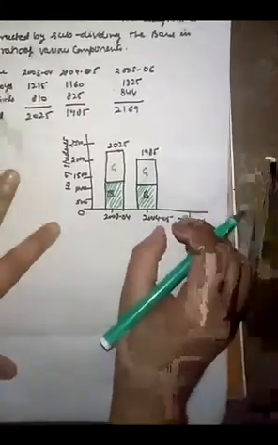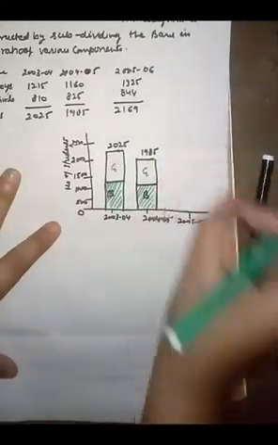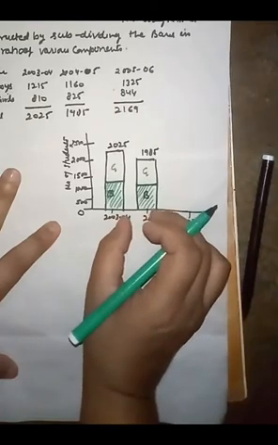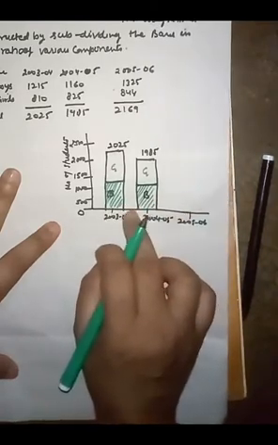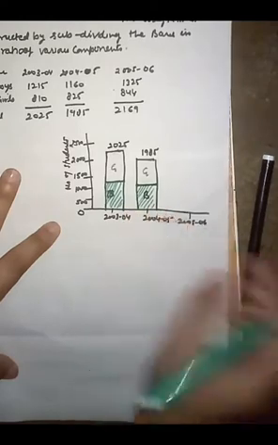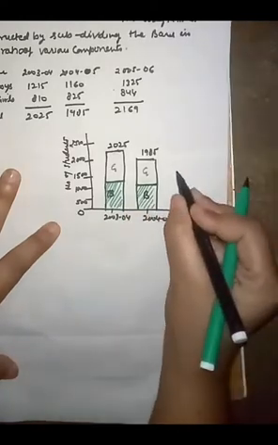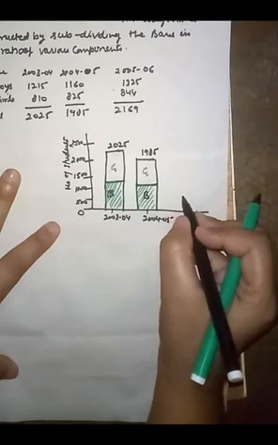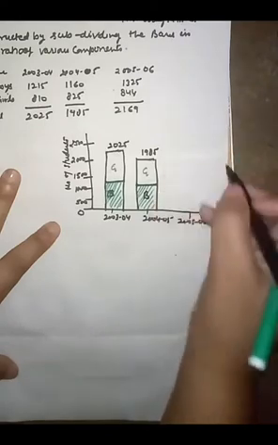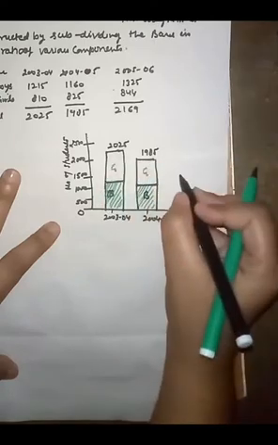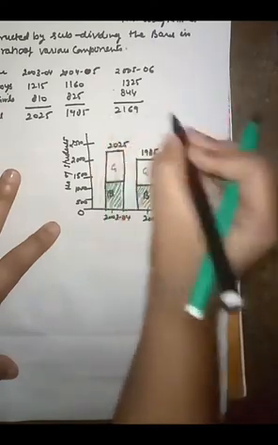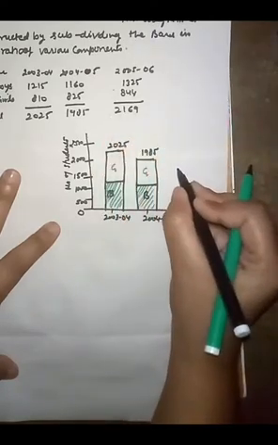Similarly we can make bars here, and always keep the width of the bar and equal distance between the bars, right? If you use a proper pencil and scale, you can draw an accurate subdivided bar diagram.